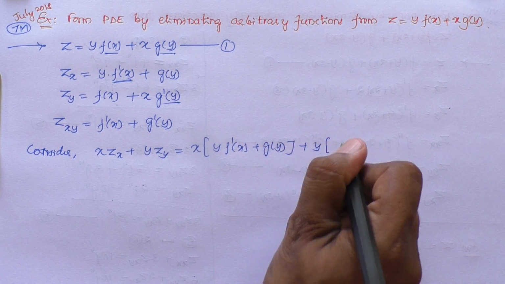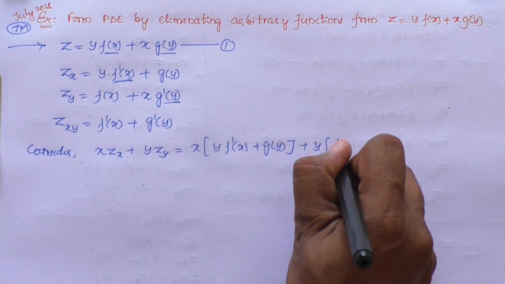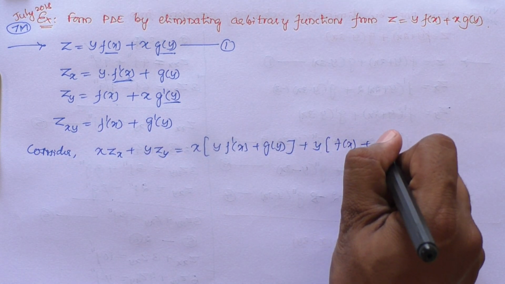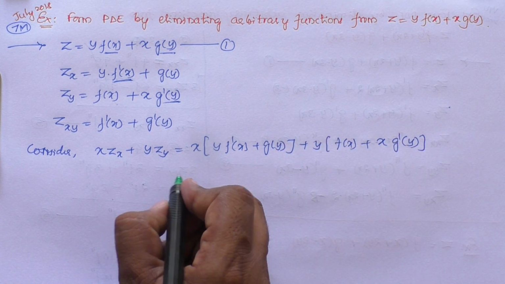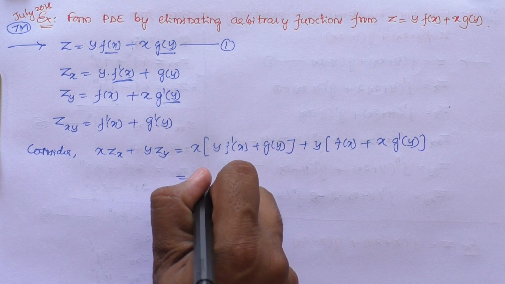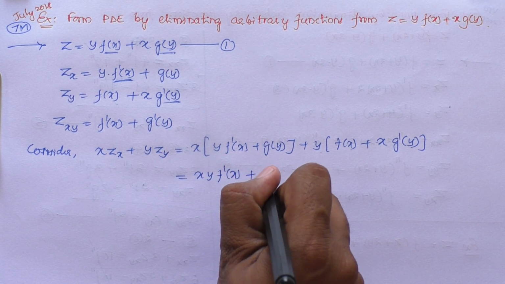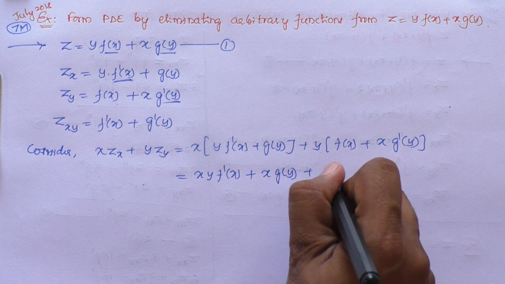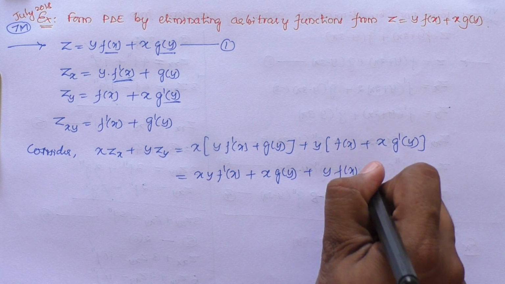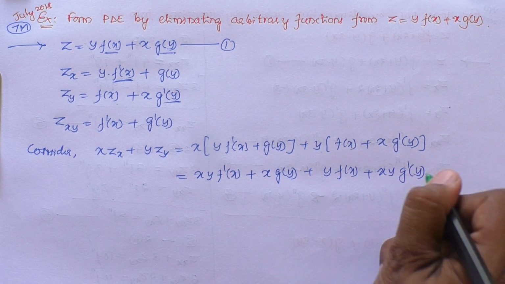Then y into zy, which is y into f of x plus x into g dash y. Multiply inside, so x y f dash x plus x g of y plus y f of x plus x y g dash y.